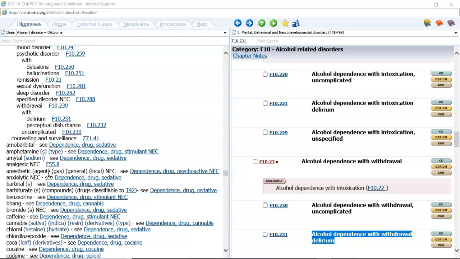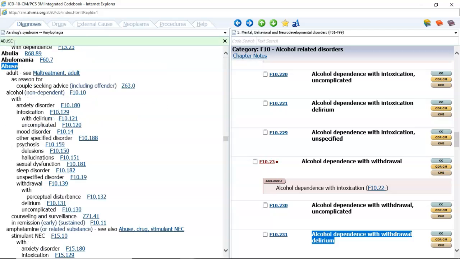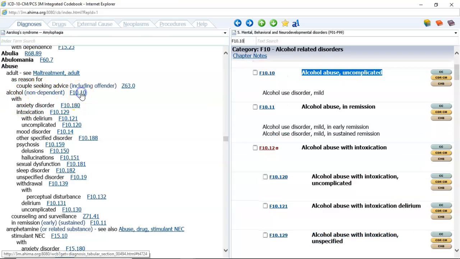And so the attending physician documents alcohol abuse. Well, if they do it daily, they may actually be an alcoholic and they may be dependent, but the provider has documented abuse, and so that's what we'll code. And so we can see that the code for that, abuse, alcohol, which says non-dependent, F10.10, and that's the code that we would use.